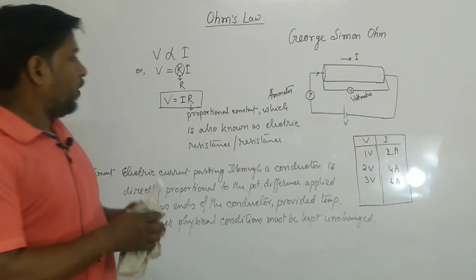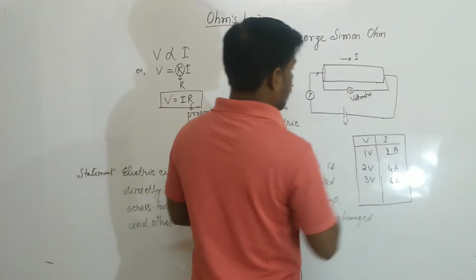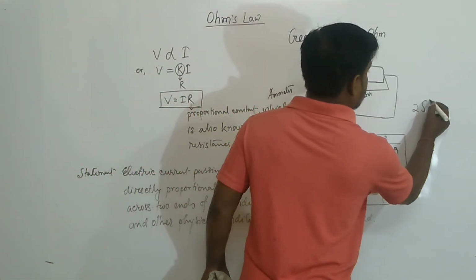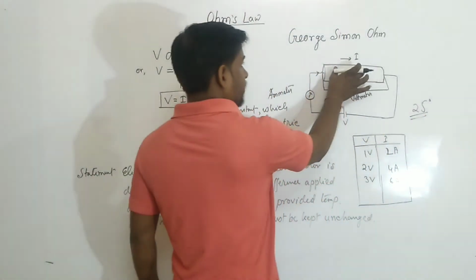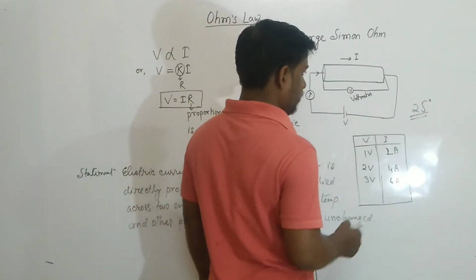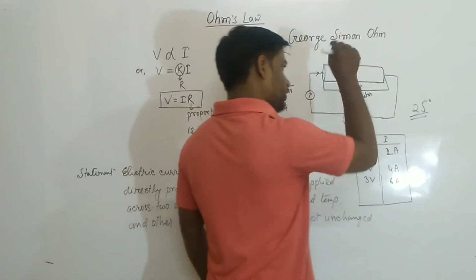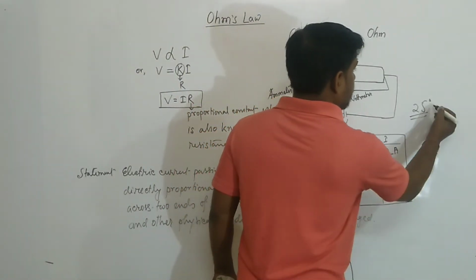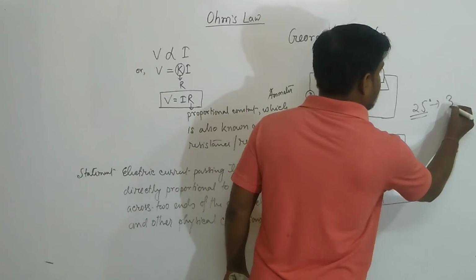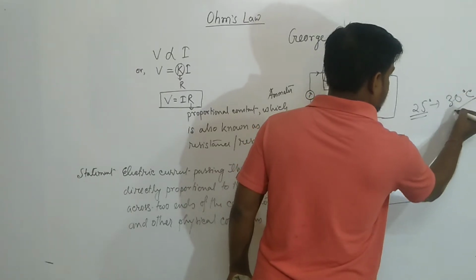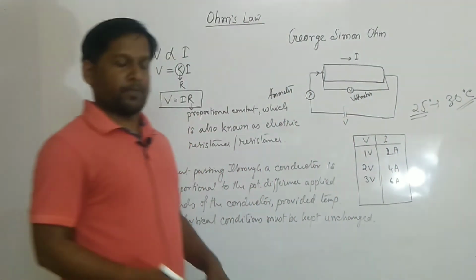Because while doing this experiment, suppose at a particular temperature, 25 degrees Celsius, for a particular conductor we got these results. Okay. Now after some time, for the same material, suppose the temperature of this room is increased up to 30 degrees Celsius. In that case, what will happen?